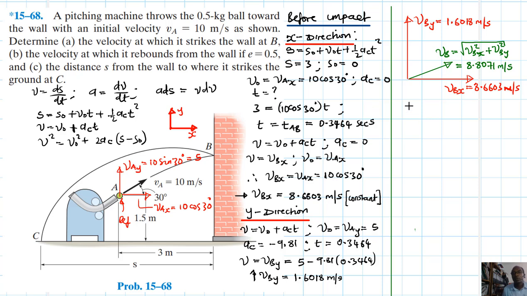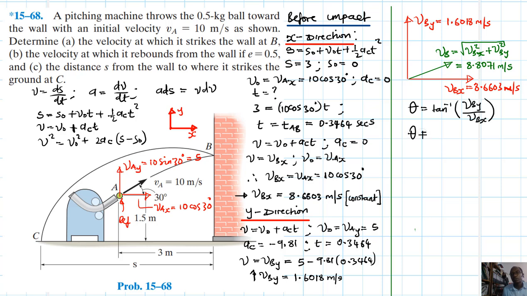Okay, then we have theta itself. Theta is just equal to tan inverse of the y component, which is V_BY divided by V_BX.